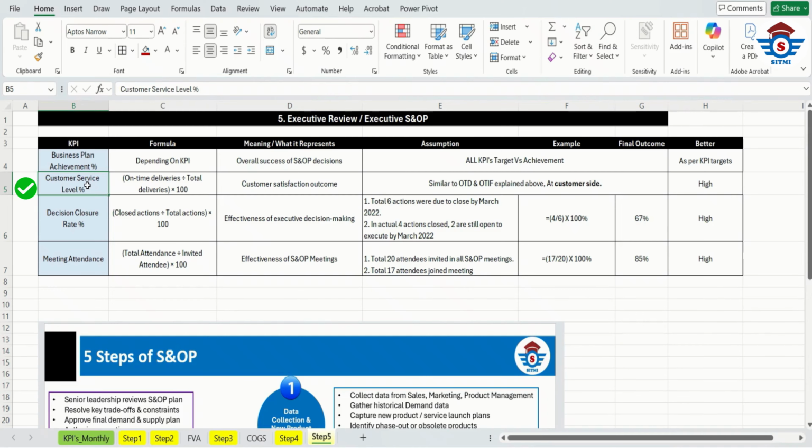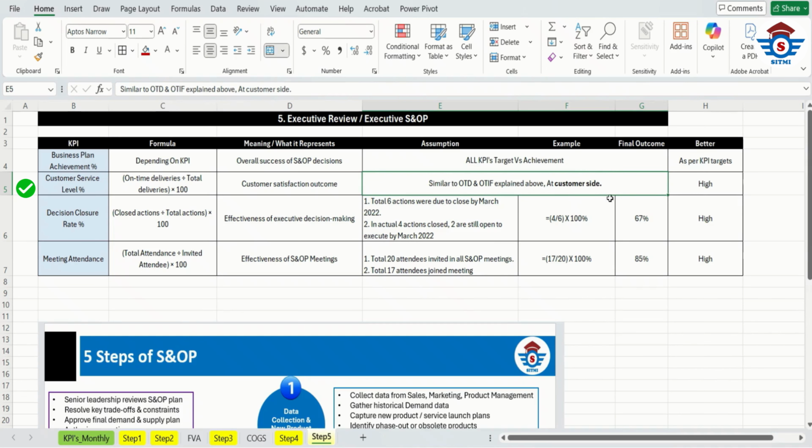The next metric that we are measuring is the performance for our customer service level percentages, and it is basically same metric or similar metric to on-time delivery or on-time in full that we have seen in the supply planning step. The only difference is that we are measuring that performance against the customer orders that are received to our business.